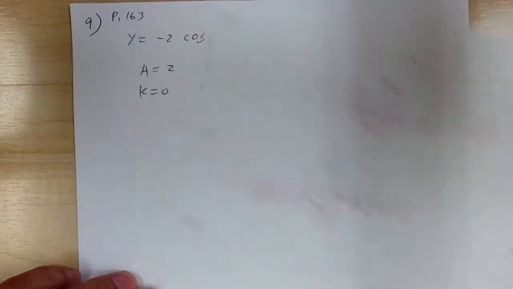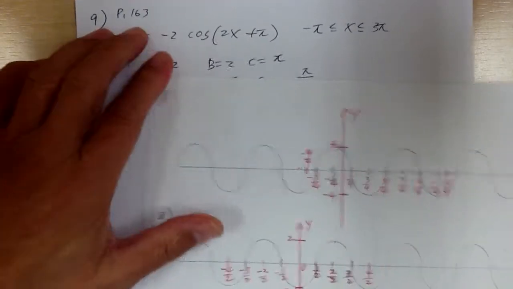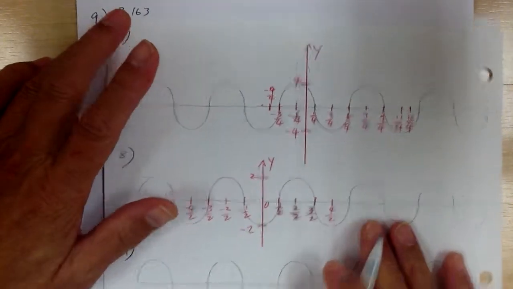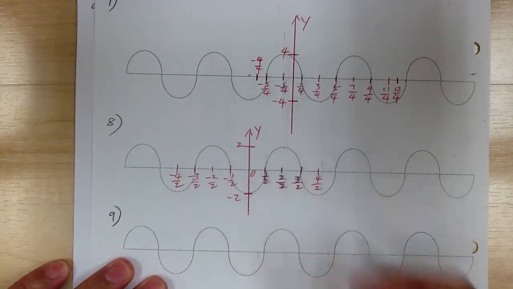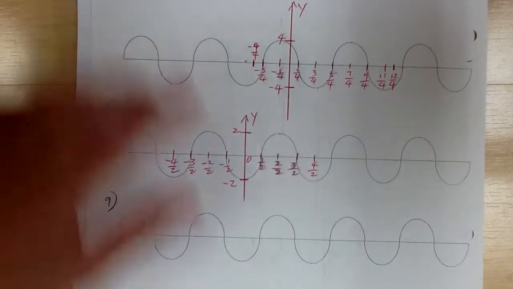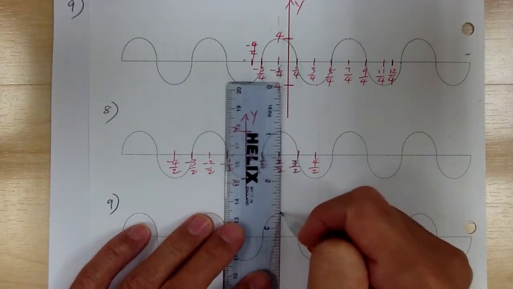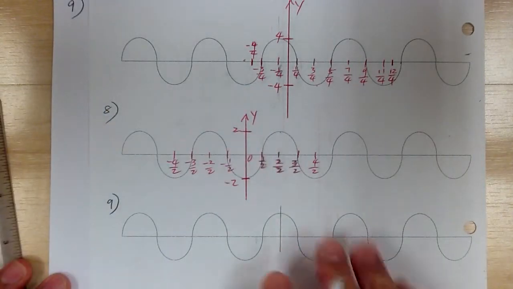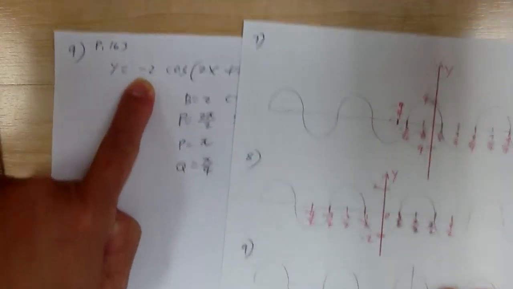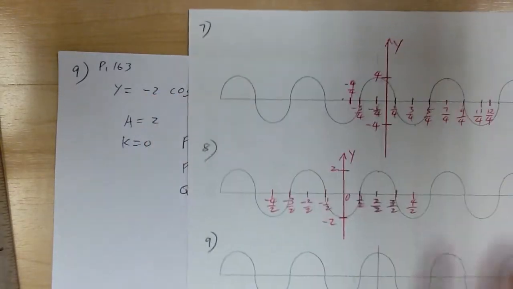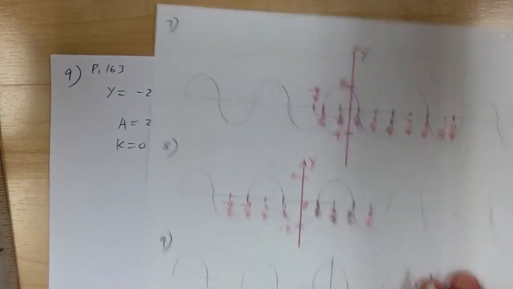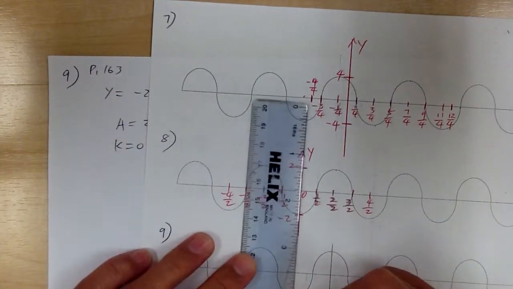So for number 9, this is a cosine function. So this is your cosine function. Normally you start off here, but that's a negative. Okay, so notice a negative cosine, so that means you want to start from the bottom.